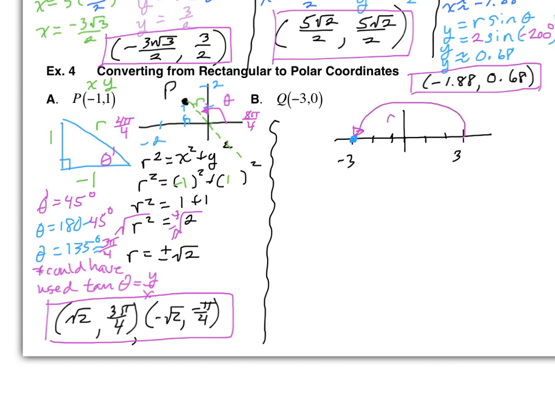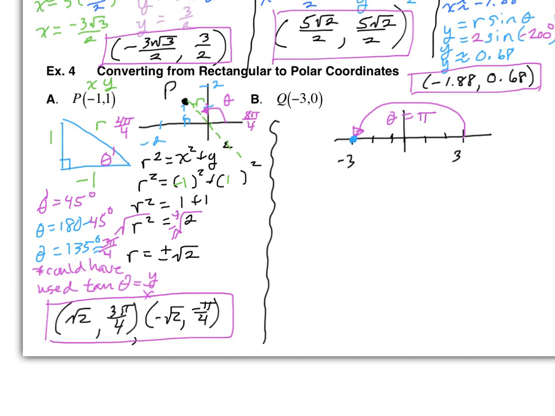What is theta? We can tell what theta is immediately. What's theta? In radians. How far did I go from here to here? Pi, right? It's just pi. So theta is pi. I don't have to use a triangle. Plus, I can't even make a triangle if my point is on an axis. Not really.